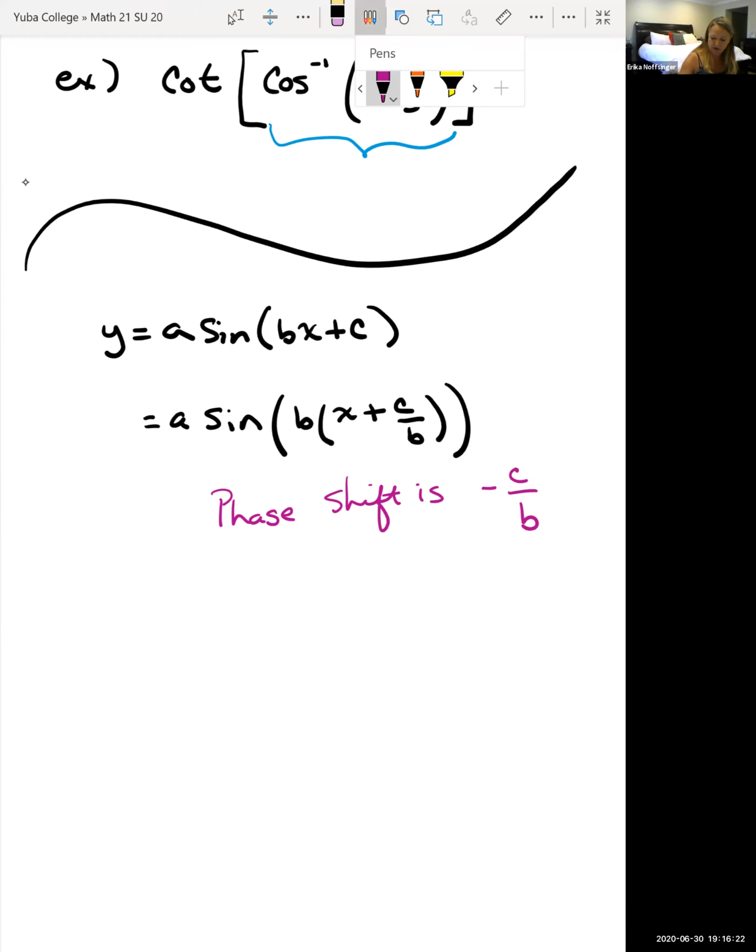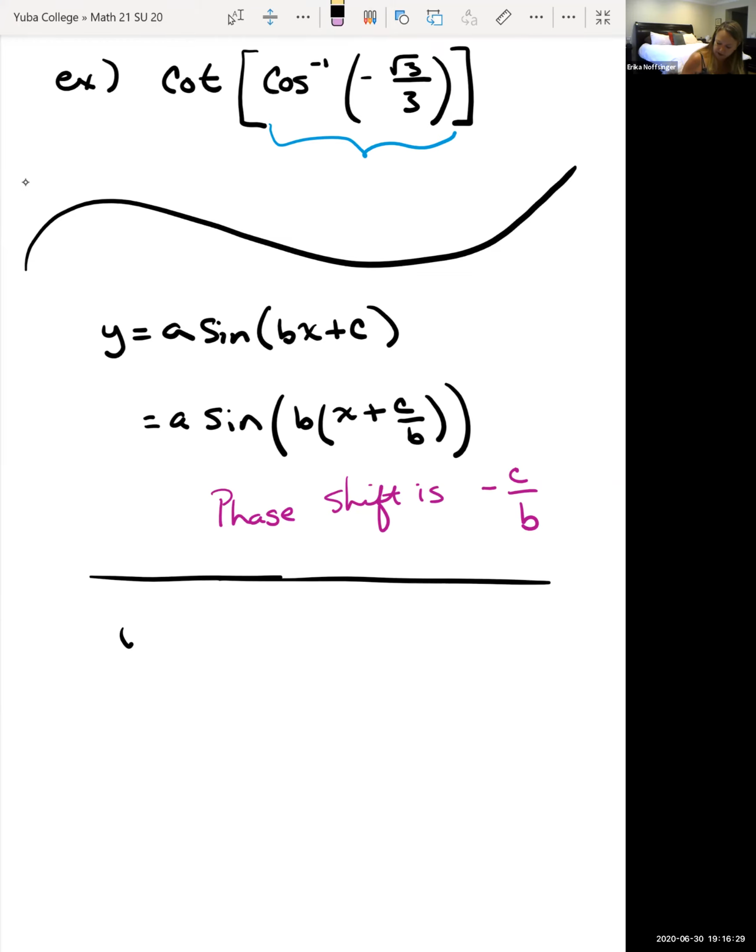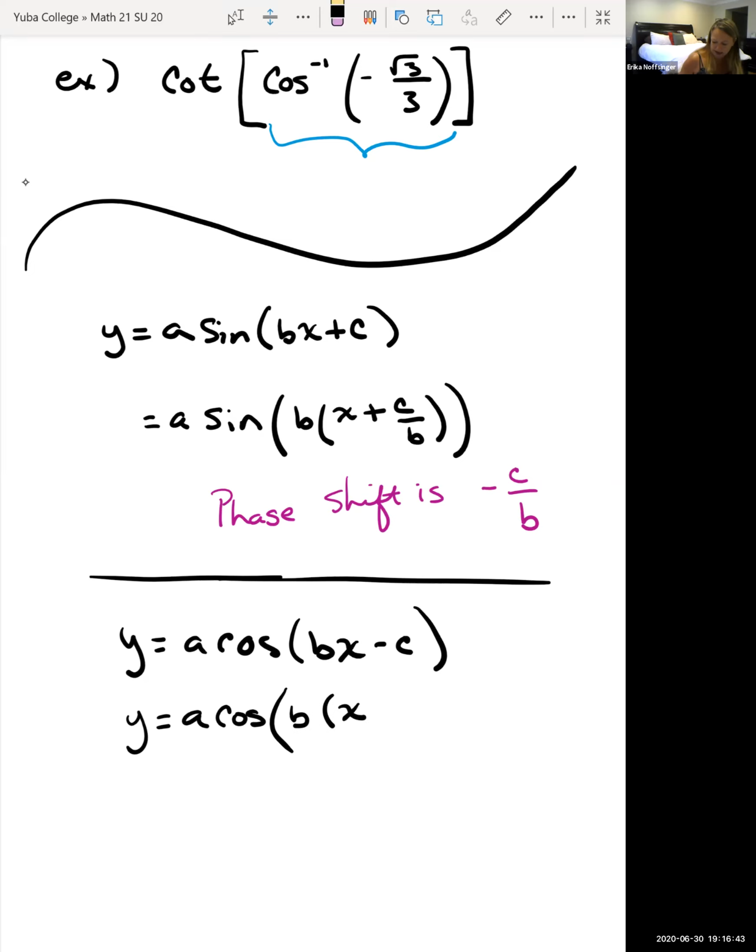If you were thinking of it with a minus sign though, maybe we can try that with cosine. Let's say y is equal to a cosine of some value bx minus c. If we factor out that b inside the argument, we would be left with x minus c over b. So this has the minus, so it's a phase shift opposite when it's inside. This is a phase shift of c over b.